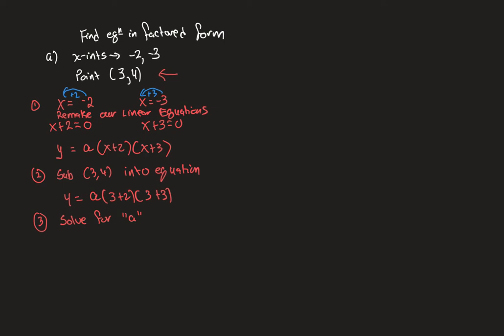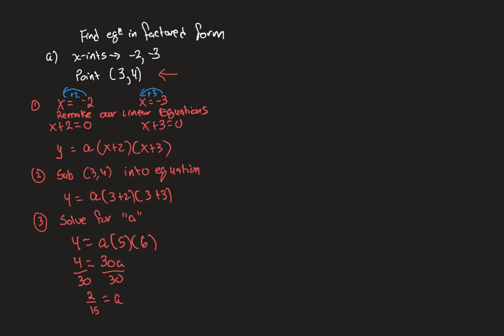Okay, so let's solve out our brackets first. So we've got 3 plus 2, which is 5. 3 plus 3, which is 6. 5 times 6, which is 30. Divide both sides by 30. So a is equal to, well, not 4 over 30, because I can simplify that by dividing the top and the bottom by 2 to get 2 over 15. Remember, always make sure your answer is fully simplified. So I have my a value.